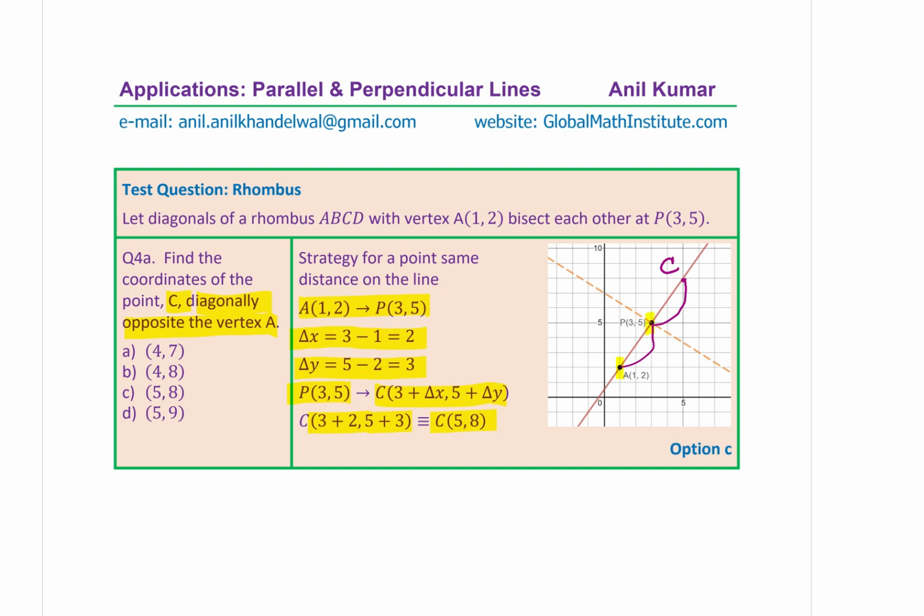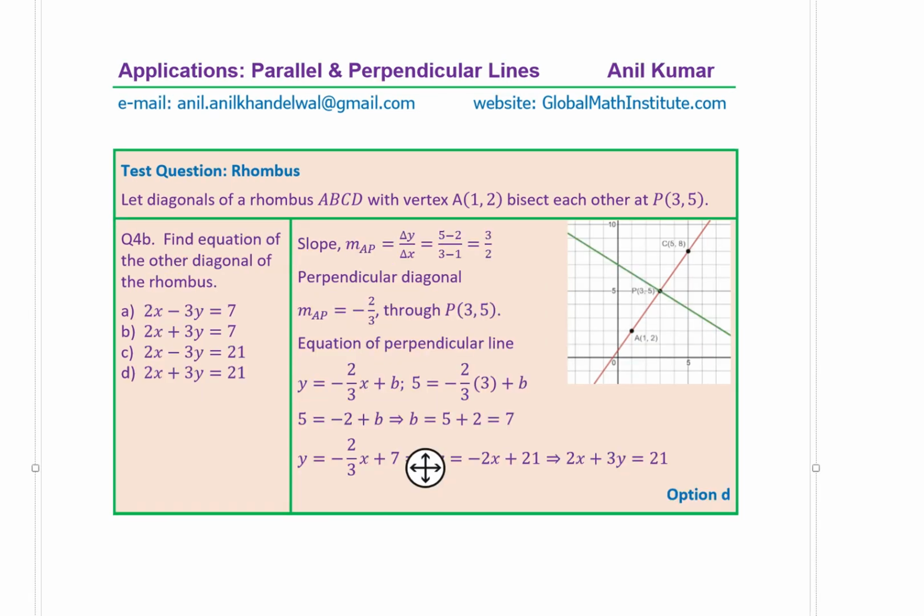Now, in part B, we'll find the equation of the diagonal. So let's move on. To find the equation of the diagonal, the first step will be to find the slope. And slope is change in y over change in x, which we found is 3 over 2. Perpendicular means negative reciprocal, so negative 2 over 3, and that goes through the center point, which is 3, 5.